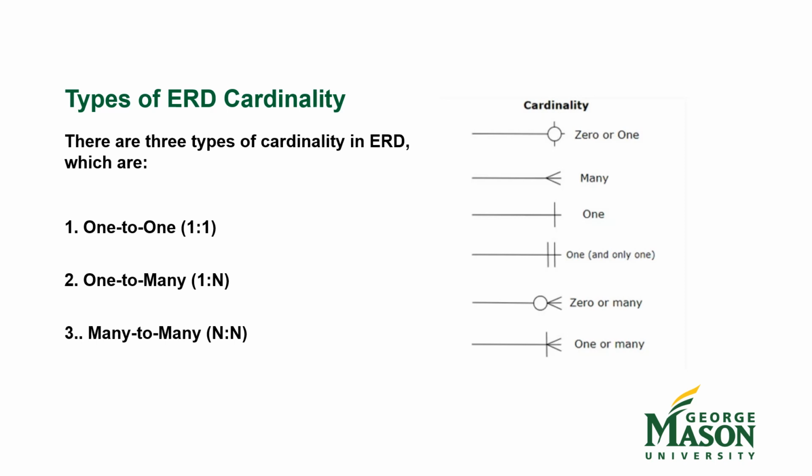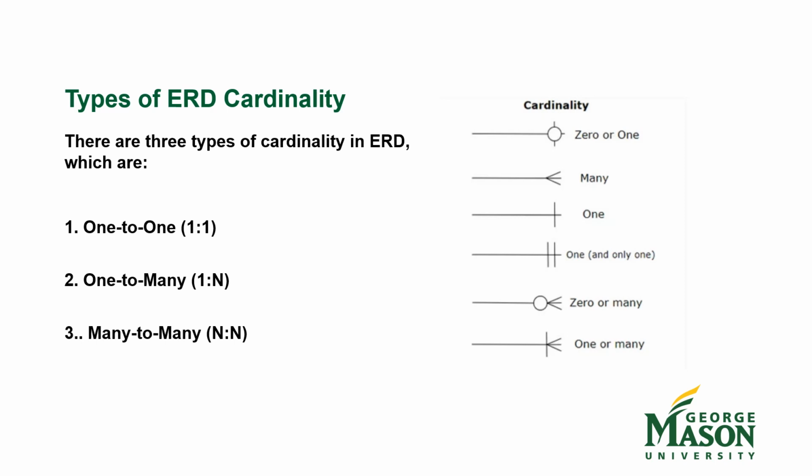This relationship is represented by a straight line between the two entities in the ERD. For example, in a university database, one student can only have one student ID, and one student ID can belong to only one student.